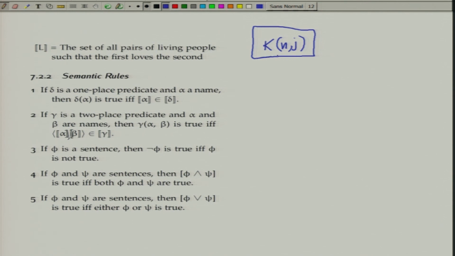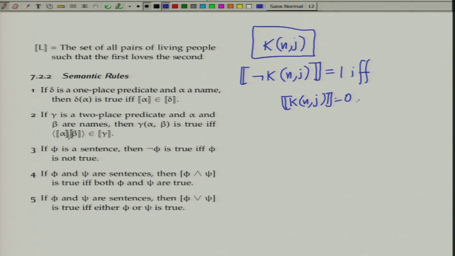By using this sentence, we construct the following using rule 3 of syntax. And then what will be the truth value of this sentence? According to rule 3 of semantics, it will be 1 if and only if the sentence inside is false.